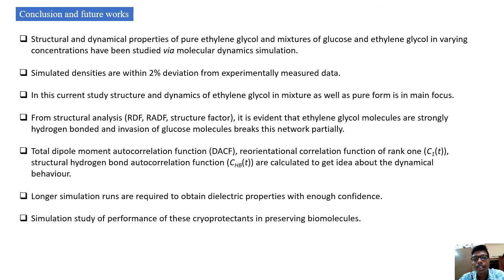That is, the ethylene glycol network gets ruptured by the incoming of glucose molecules into the solution. From the dynamical study, we have seen that the dynamics is getting slower and slower with increasing glucose content in the system.